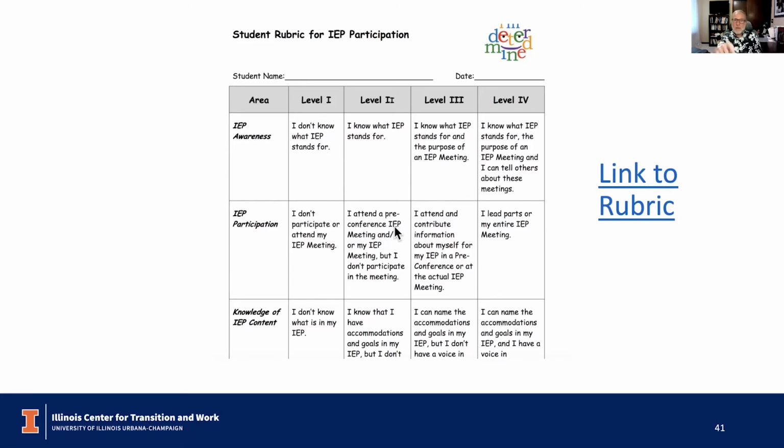And then the students and the teachers can mark how well the student did in doing this and what they still need to learn. We could do this in role play and practice. And as they get closer to their meeting, then afterwards they can score how they think they did, and then look at improving at the next one.